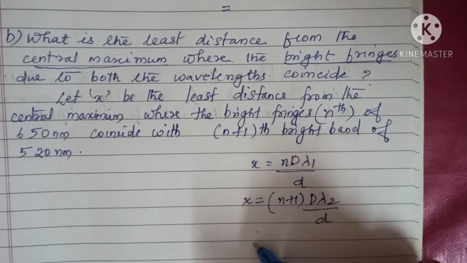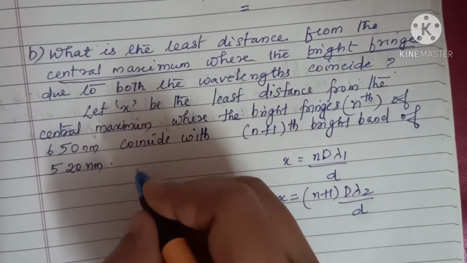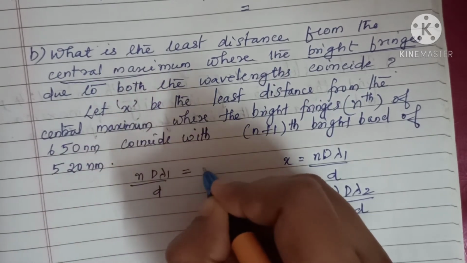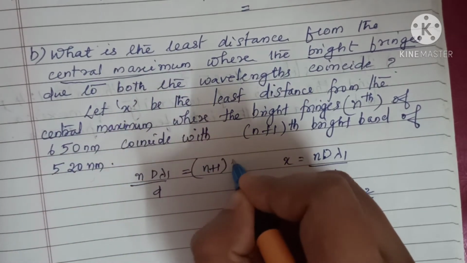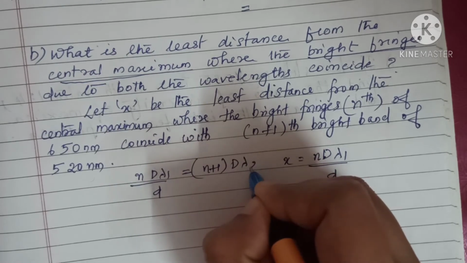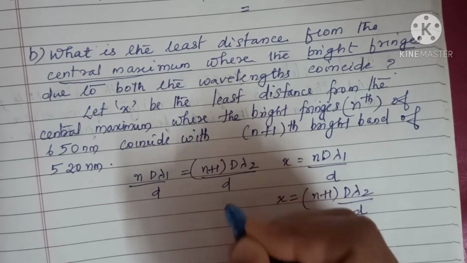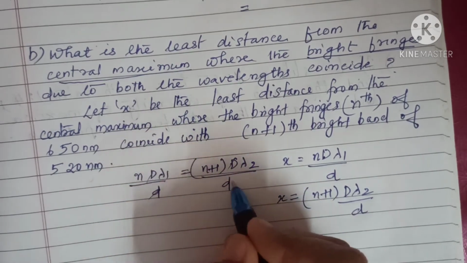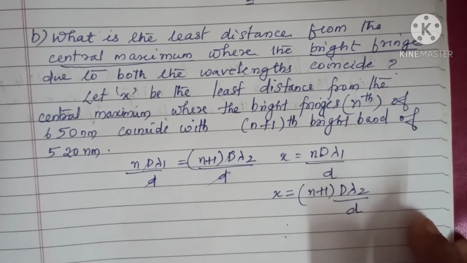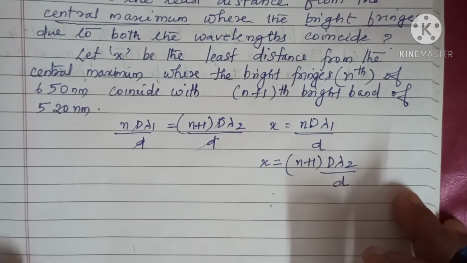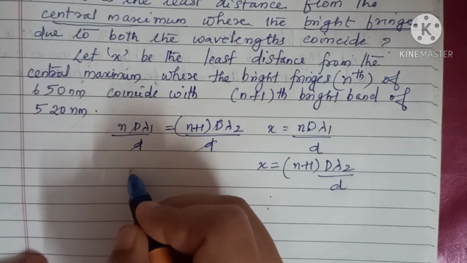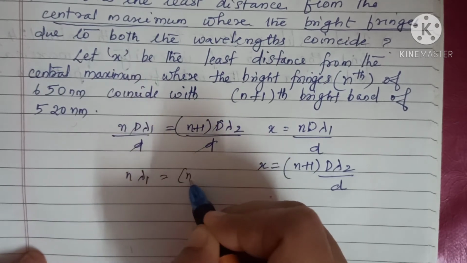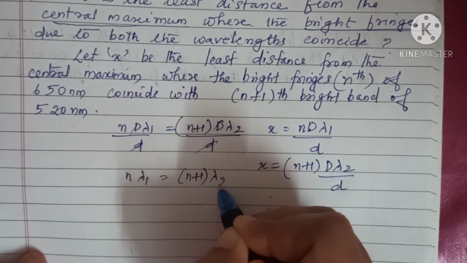So I can equate these two, that is n D lambda 1 by d is equal to n plus 1 into D lambda 2 by d. Clear? So capital D and small d will get cancelled. Then that is n lambda 1 is equal to n plus 1 into lambda 2.